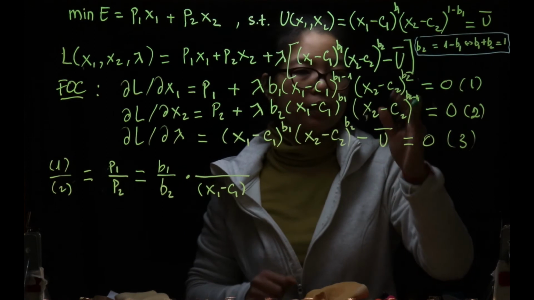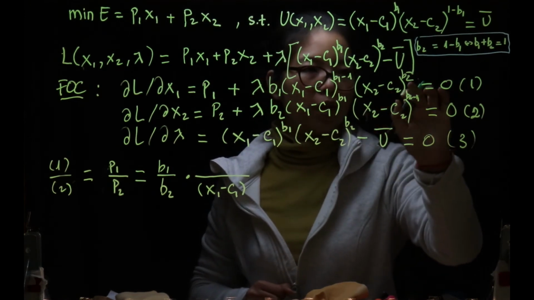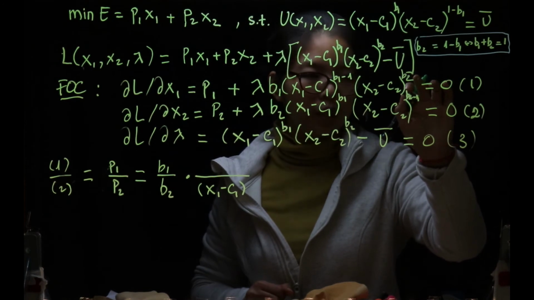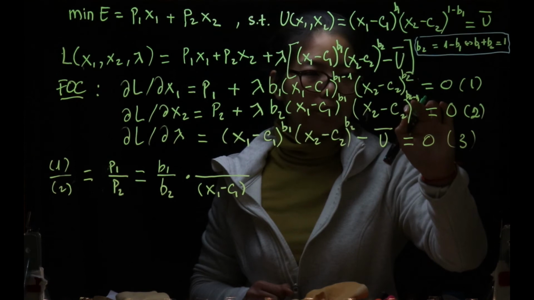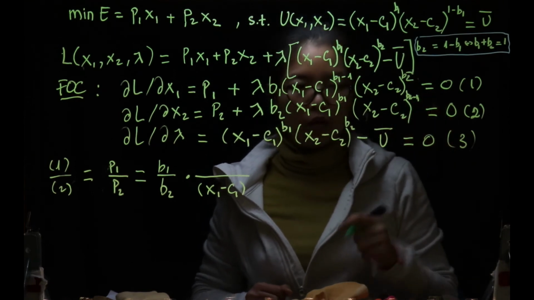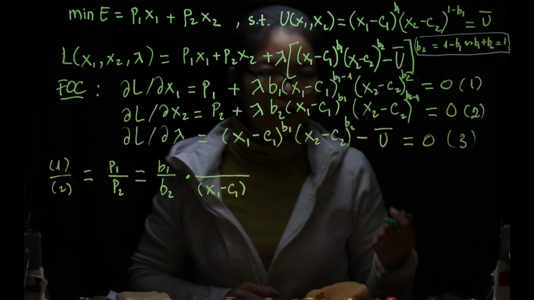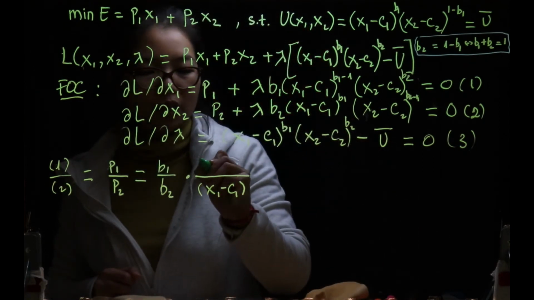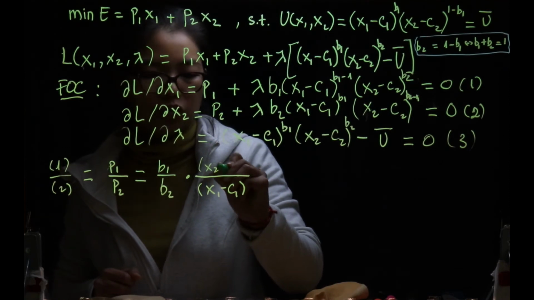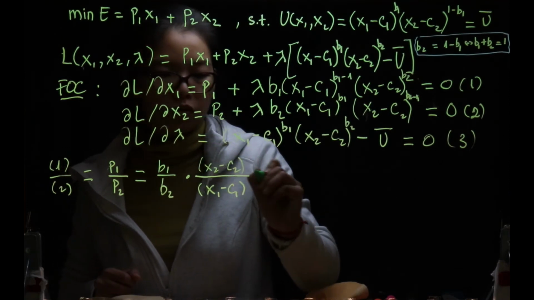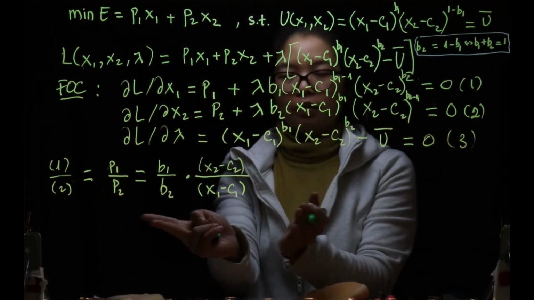And then it comes to x2 minus c2 to the power of b2, divided by the same thing to the power of b2 minus 1. How much do you have with the exponent? 1, which means it can stay on the numerator: x2 minus c2.